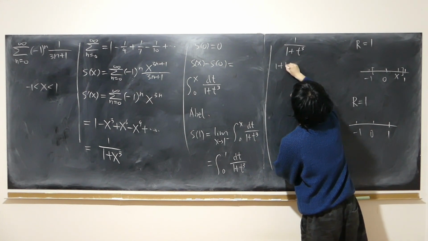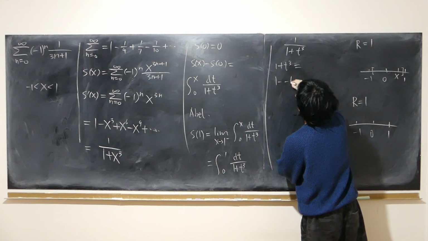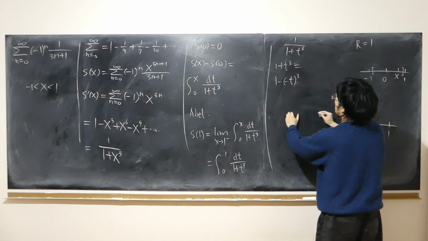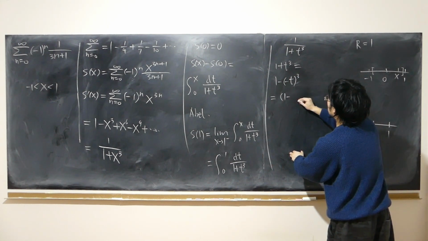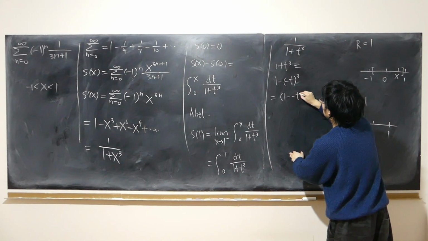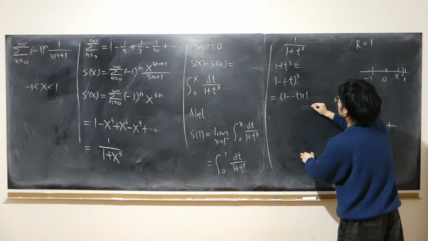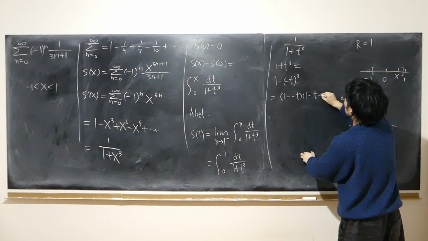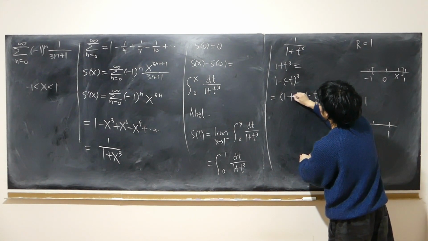First of all, 1 plus t cubed is equal to 1 minus negative t to the power of 3, and then we have the formula: 1 plus t times 1 minus t plus t squared, with a plus here.